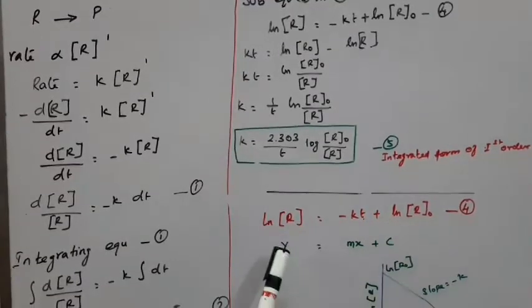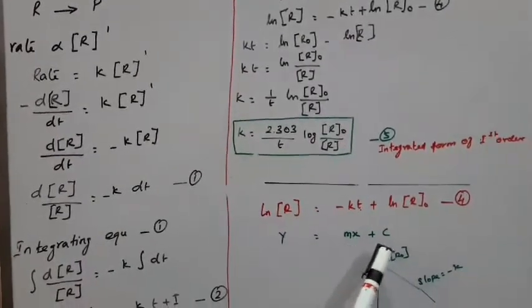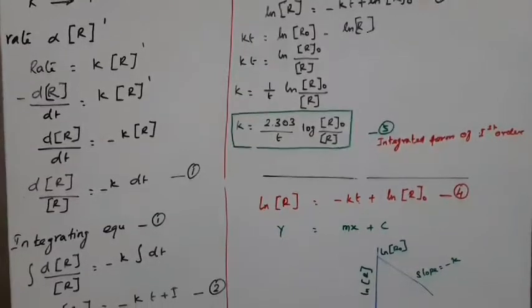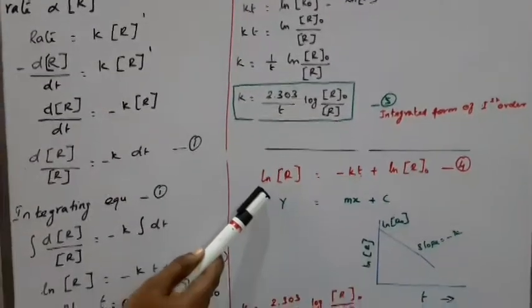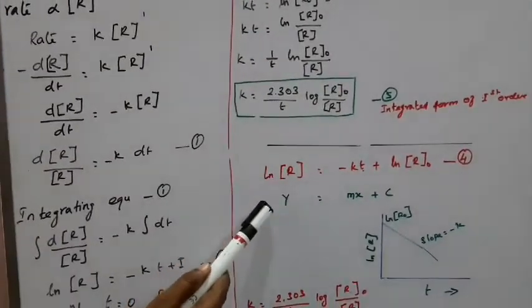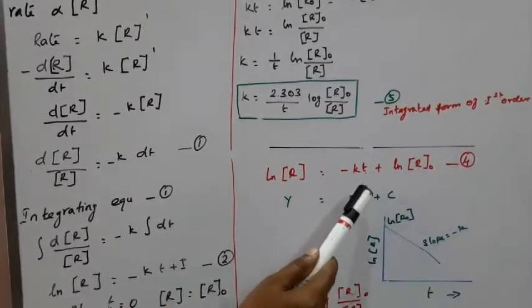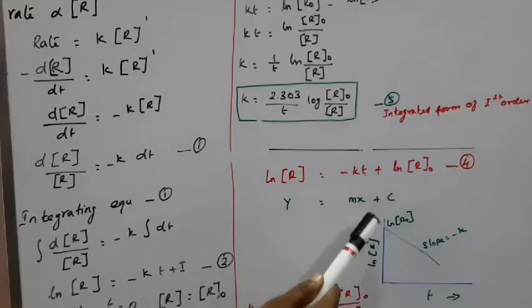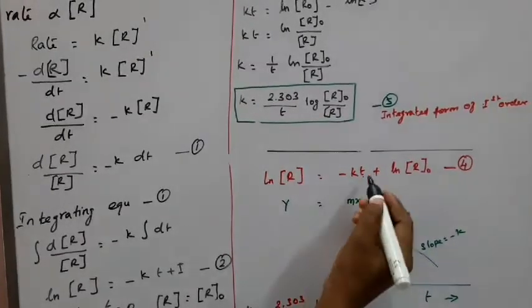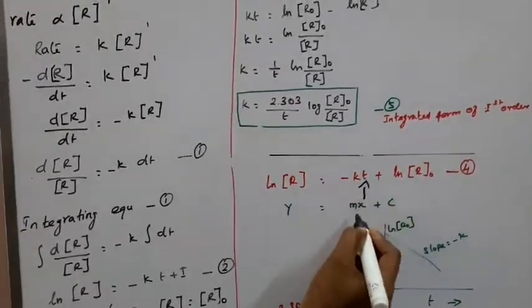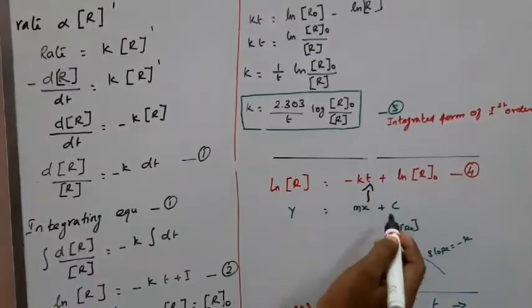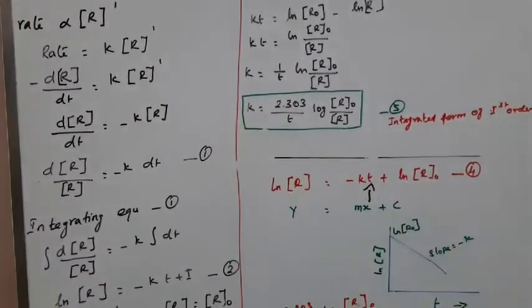This is y equal to mx plus c format. For the y axis, take the reactant concentration ln R; minus k is the slope m; and the x axis is t, time. The constant is ln R0.